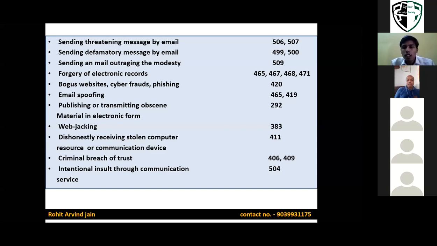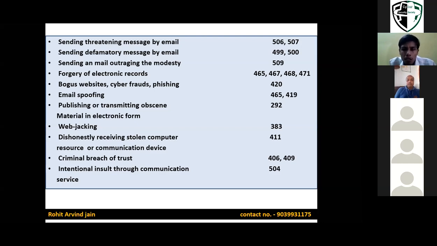These are covered under 420 of the IPC, and email spoofing crimes are covered under 465 and 419 of the IPC. Publishing and transmitting obscene or pornographic material is covered under section 292 of the IPC. Web jacking activities are covered under 383 of the IPC. Dishonestly receiving stolen computer resources or communication devices is covered under 411 of the IPC.